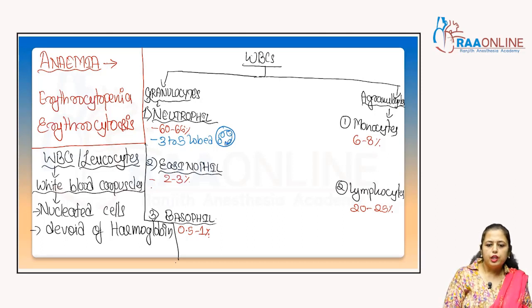like that. Eosinophil, bilobed, or we can say spectacle shape, right? Bilobed or spectacle shape. Basophils, trilobed or S-shaped nucleus.